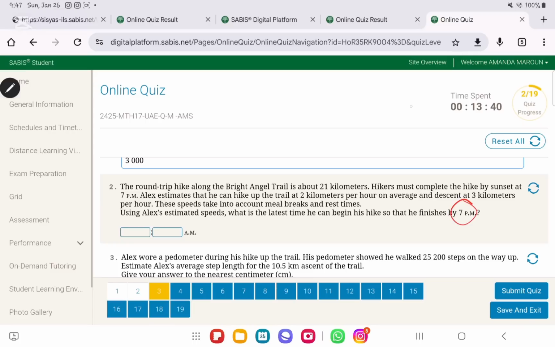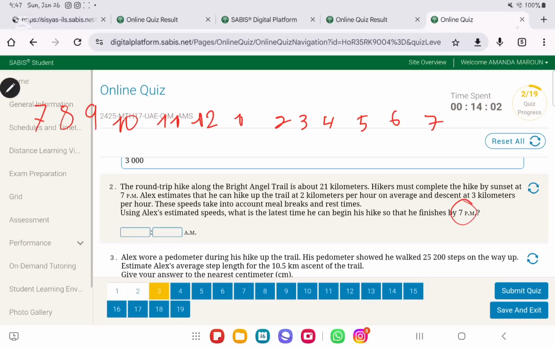But he needs to finish by 7 p.m. So 7 p.m., let's go back. 6, 5, 4, 3, 2, 1, then 12, then 11, then 10, then 9, then 8, then 7. I'm just going to do from 7 till 7.